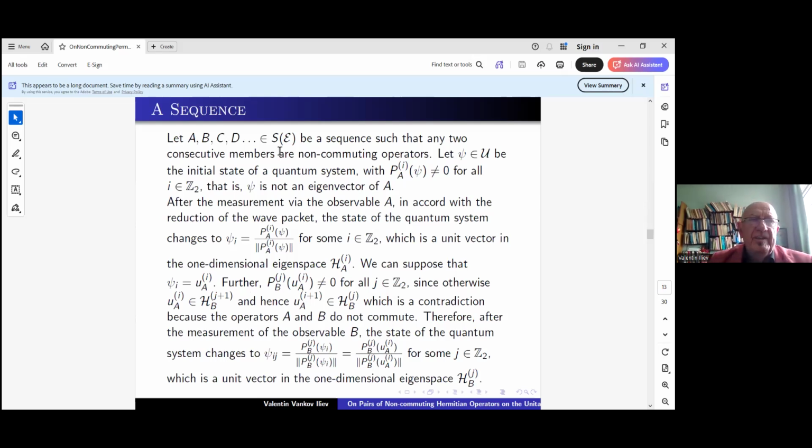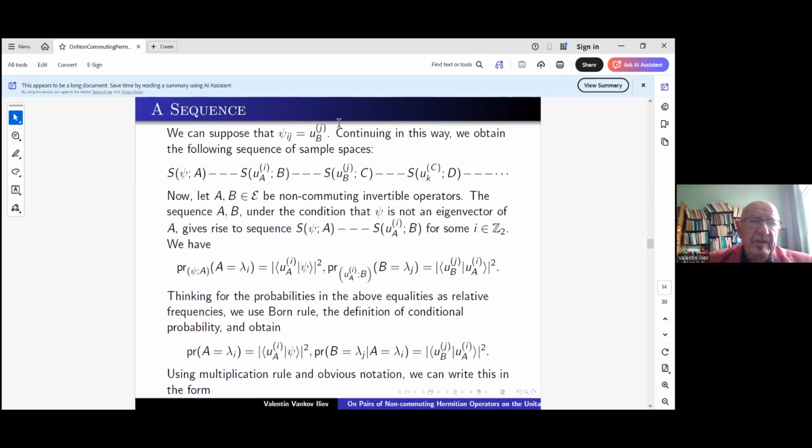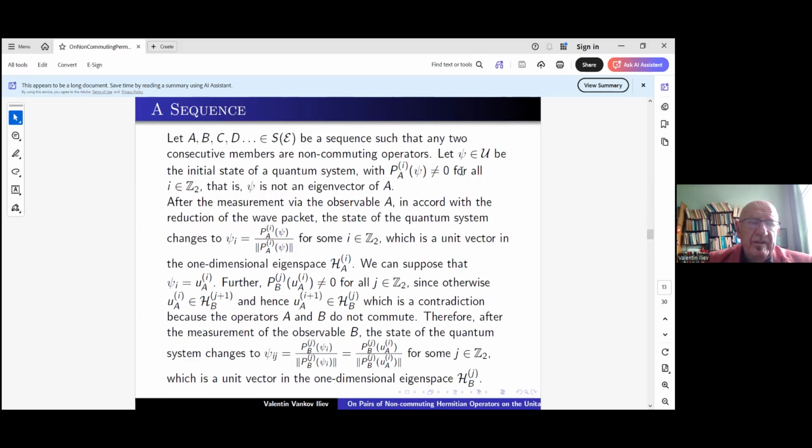And now we'll consider a sequence of operators where any two consecutive members are non-commuting operators, and moreover, they are in the unit sphere and their matrices have the form we discussed just several minutes ago.